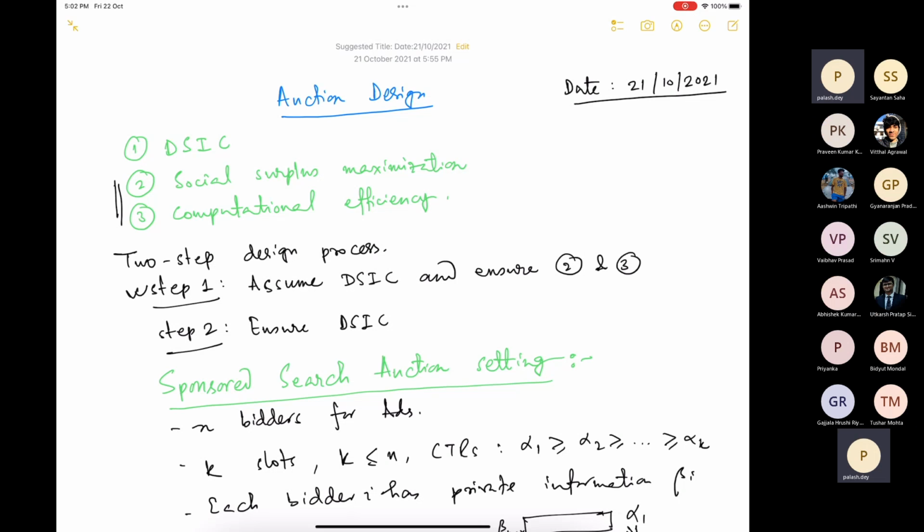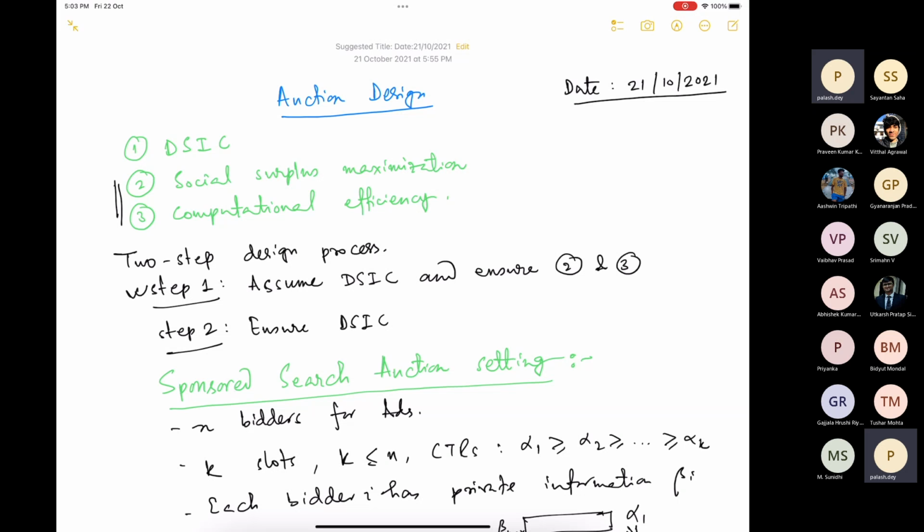So in the last class we were designing auctions for more general settings, and our goal is a three-step goal, three conditions that we want to satisfy. First is the DSIC property, that means dominant strategy incentive compatible, which basically says that all the bidders must bid their true valuation.